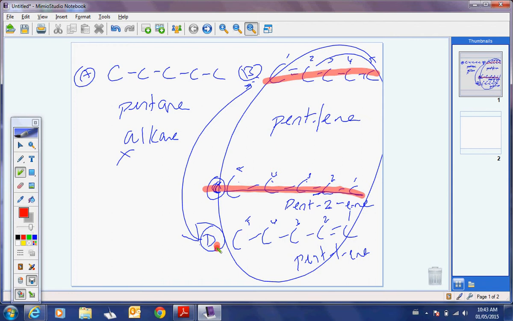They are isomers of each other. These are C5H10. This is C5H12. It has no relation to this. Pentane has no relationship to pent-1-ene other than the word pent. So one Samantha is not related to the other Samantha. However, the Smiths are related. They're cousins.